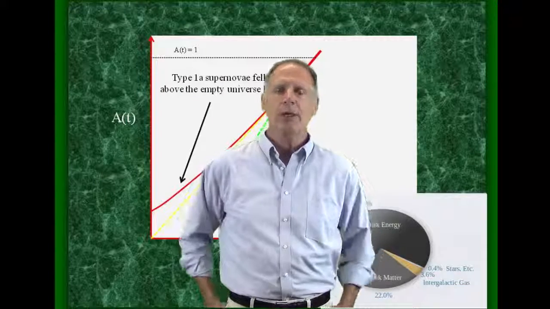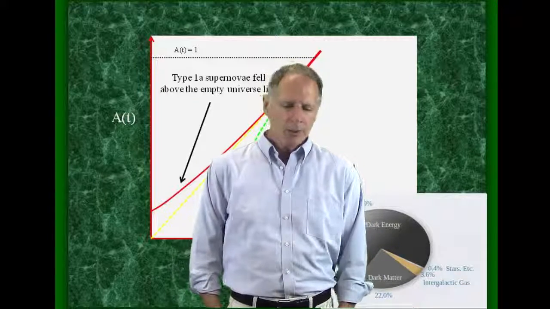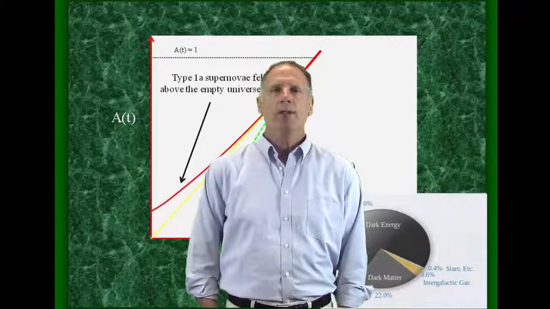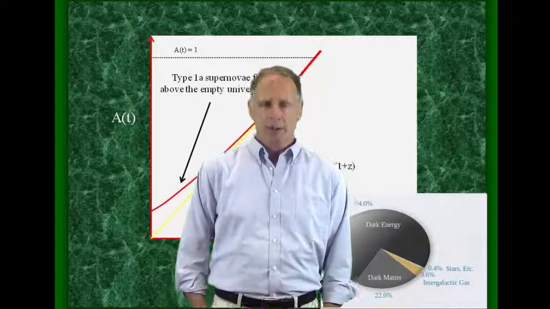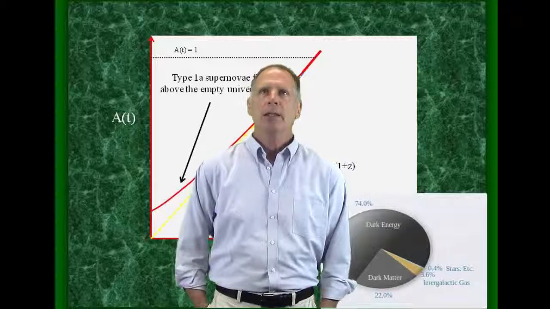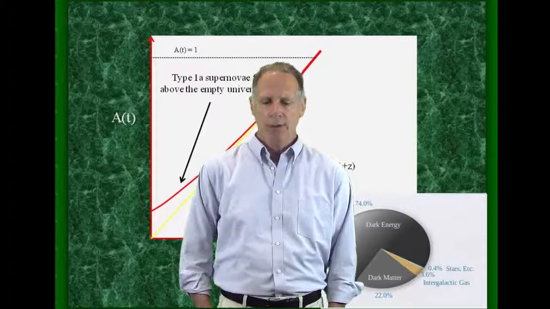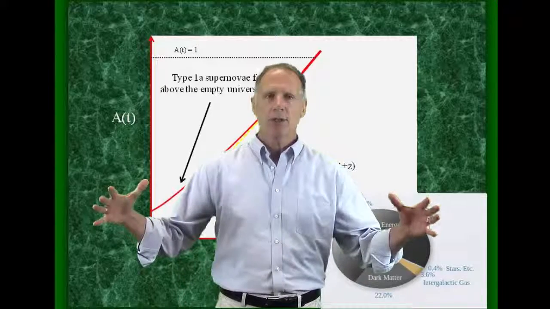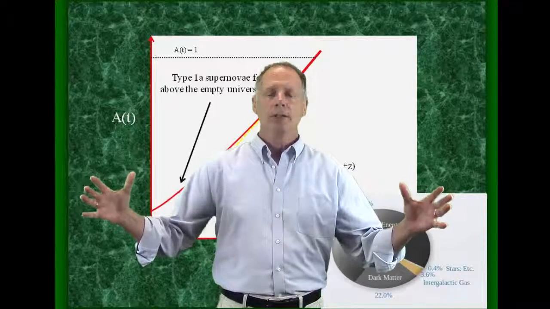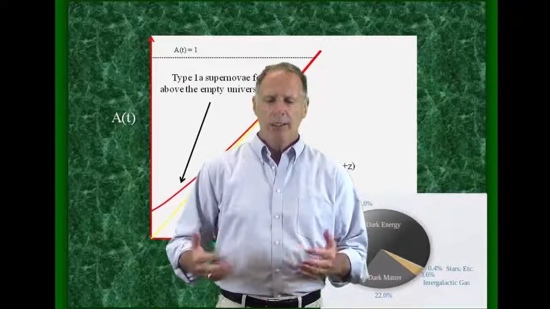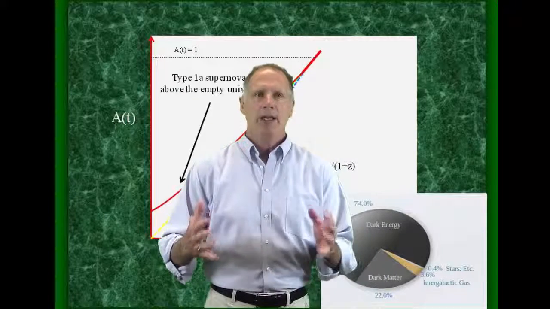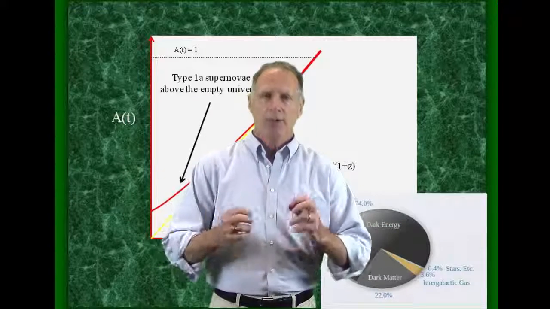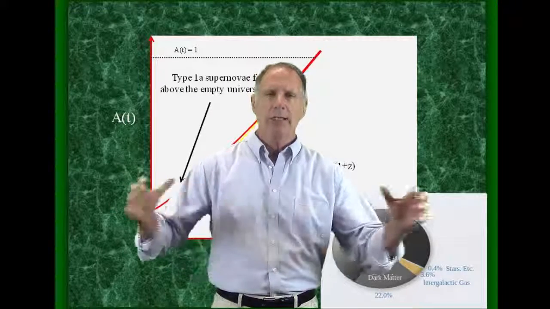into this accelerating expansion. It turns out that Einstein actually thought about this back when he was thinking about general relativity, and he came up with something called the cosmological constant, which would make the universe accelerate. And the way he conceived of it was that as the universe was expanding, it was actually creating energy.